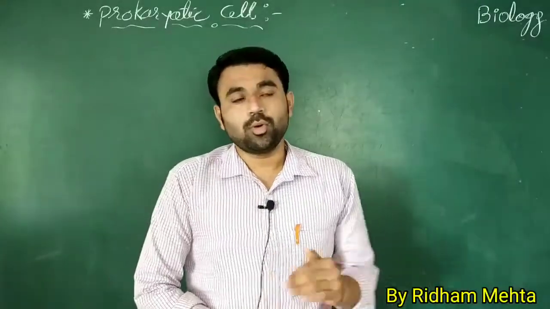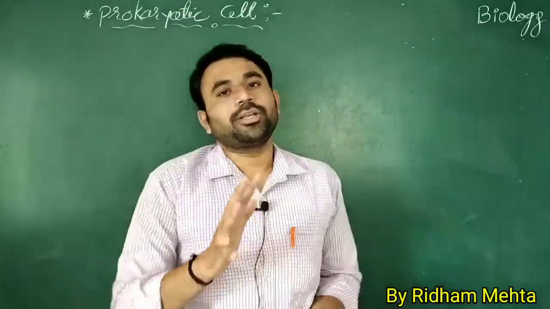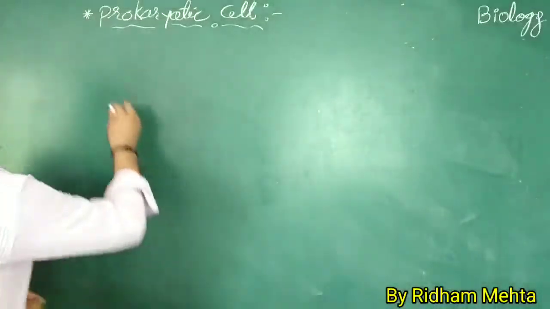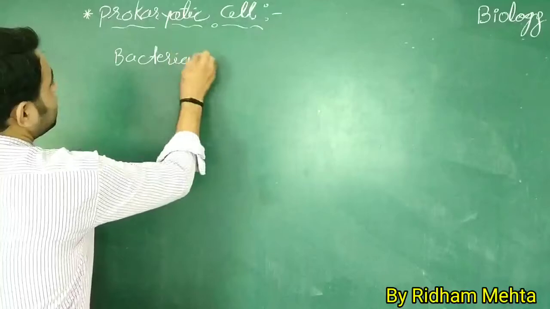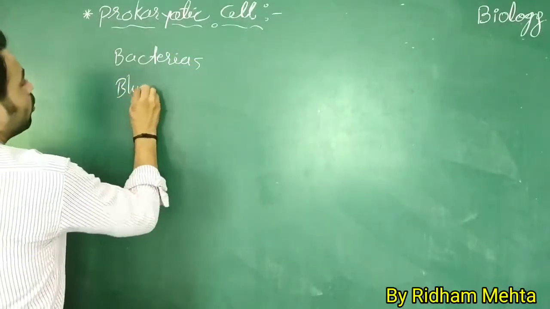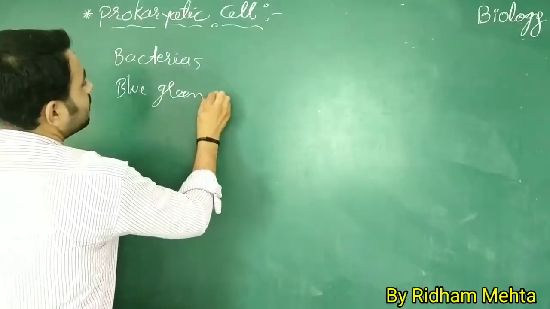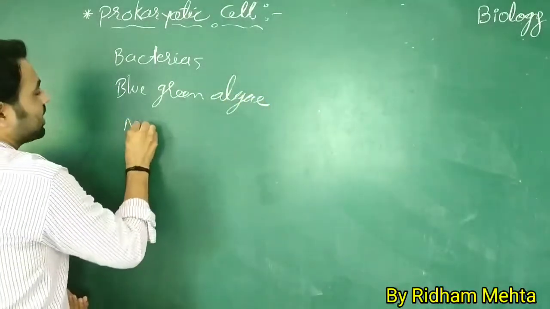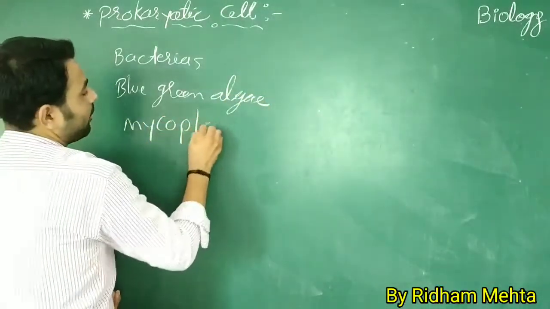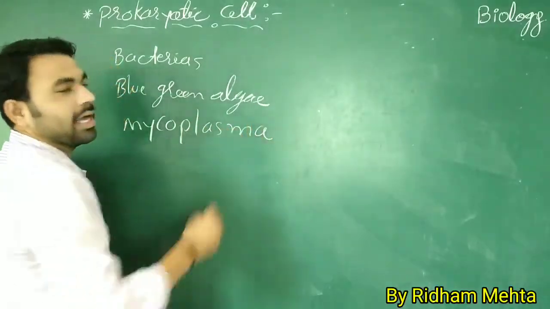So there are so many prokaryotic cells like bacteria, blue green algae, and mycoplasma, which is one type of bacteria.